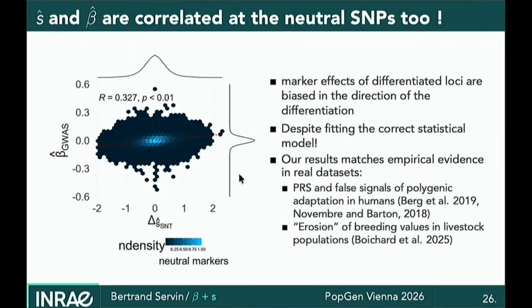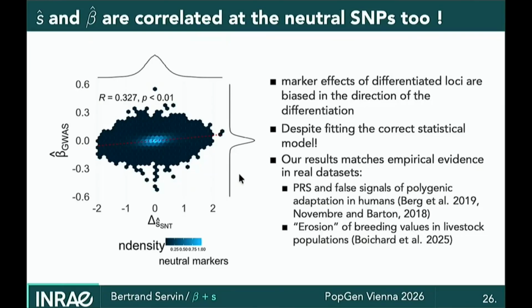When they have daughters, say for dairy bulls, later you find that their genetic merit is not as good as you would have expected. That's because they tend to carry alleles that increase in frequency in the population, and their effects are biased upward. There's also a colleague who published a paper recently about this question, and I think it goes in the same direction.